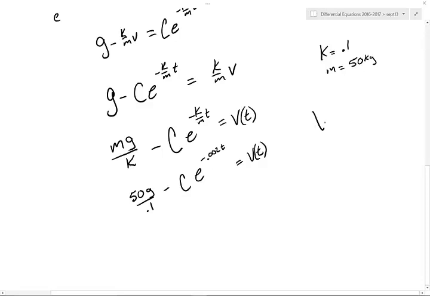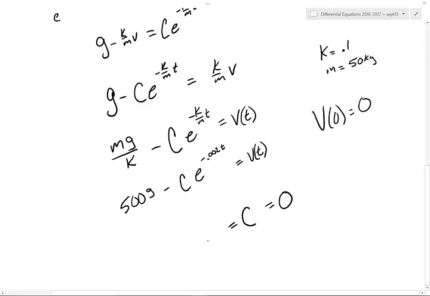Now, if I say to you, hey, look, at t equals 0, my initial velocity was equal to 0, let's say, because I'm just coming out of the airplane and I don't have any downward velocity initially. Well, okay, so 0 equals, now what's going to happen here? Well, this is e to the 0, which is 1. And then this is really 500 g right here, right?